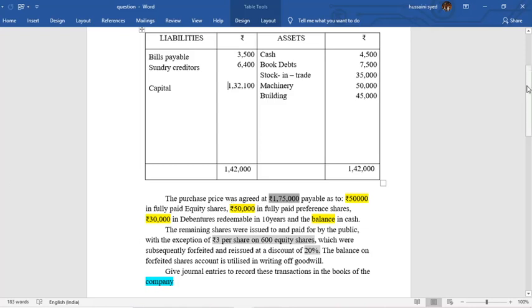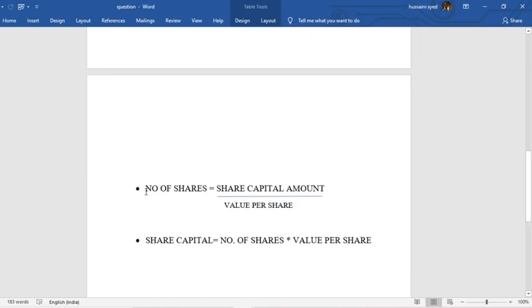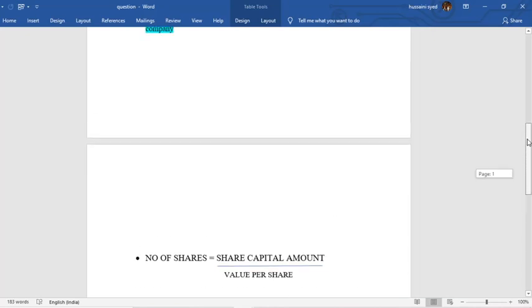So how can you find out how many shares have been issued by the purchasing company? If you want to know how many shares, this is the formula through which you can calculate: share capital amount divided by value per share.